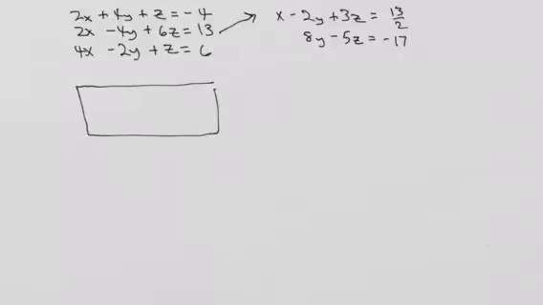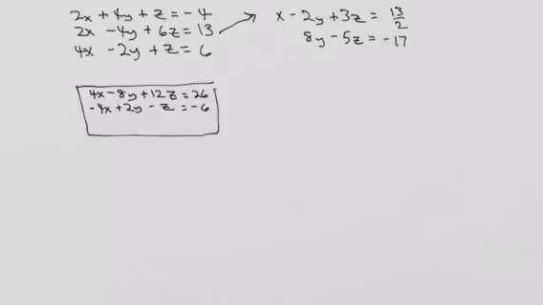I probably didn't give myself enough room. 4x minus 8y plus 12z equals 26. And I guess I'll do negative 1 times the third equation. That's going to give me negative 4x plus 2y minus z equals negative 6.